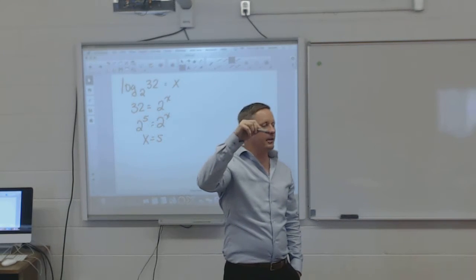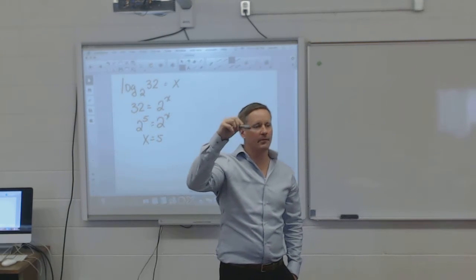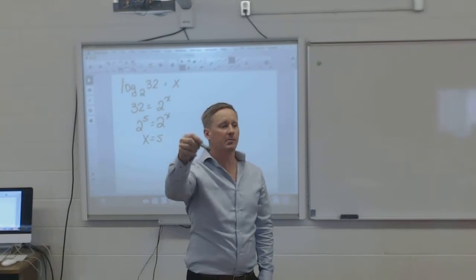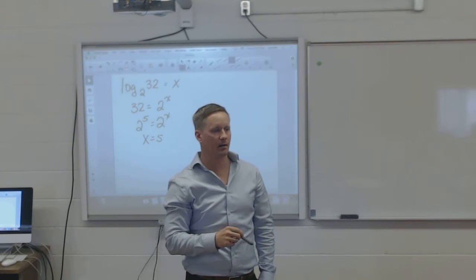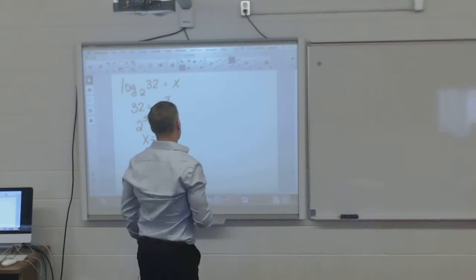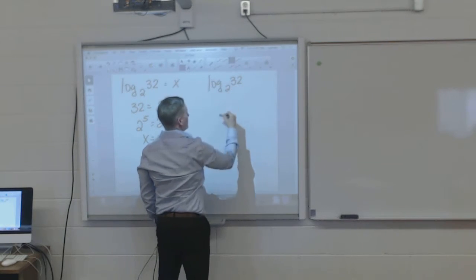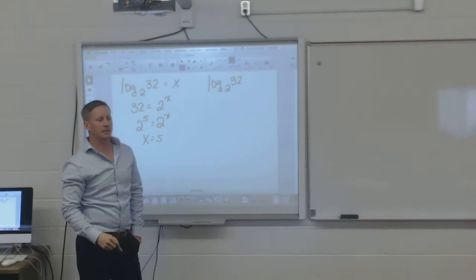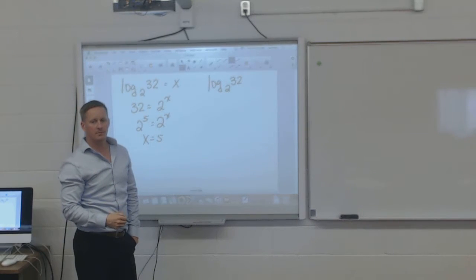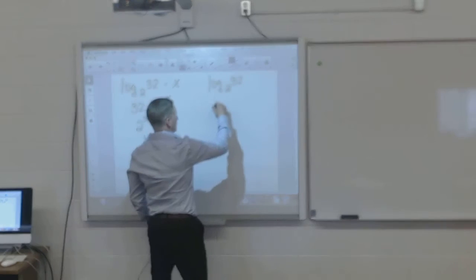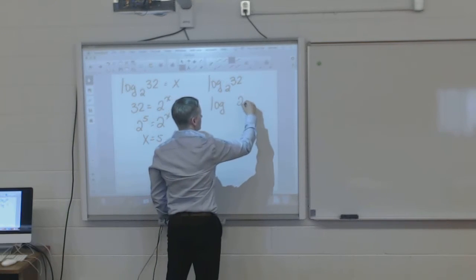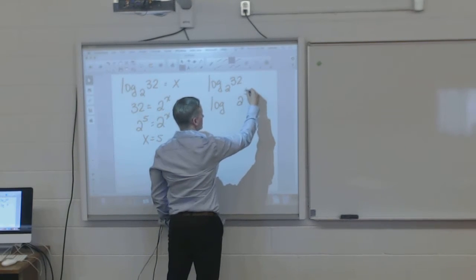Okay. The other thing we do is if you have the log of a number to an exponent, we move the exponent to the front of the log. Okay? So it looks like this. Log 32 to the base 2. So I want to get this to be the log of 2 to the base 2. So to do that, this is 2 to the power of 5.